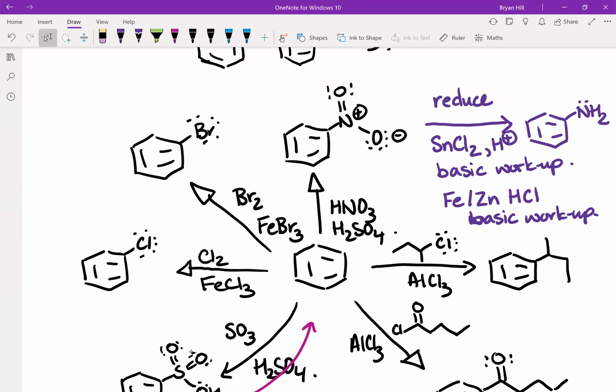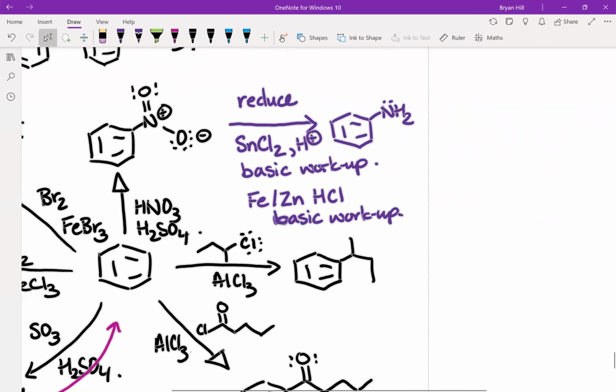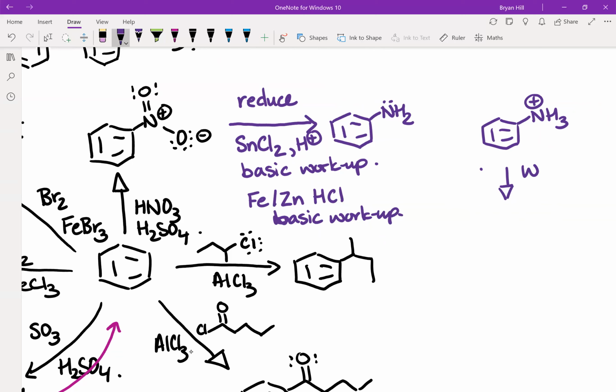If the reaction's got lots of acid in it, then your amine's going to get protonated once it forms. So you'll have NH3 plus, and you don't want that. So in your workup, you add a little bit of base, a little bit of hydroxide, and you will just deprotonate that to get your amine.